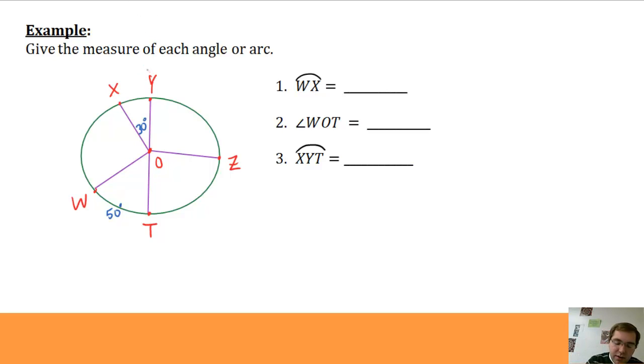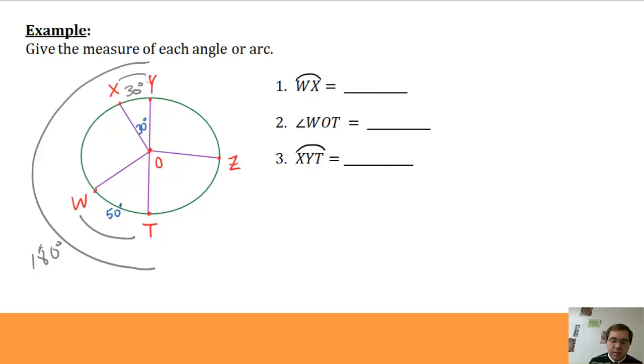I know I've got 50 degrees with WT, I'm going to have 30 degrees with XY, how much is left for WX? Let's take 180 minus 50 plus 30. Well, that's 180 minus 100 minus 80, which equals 100.